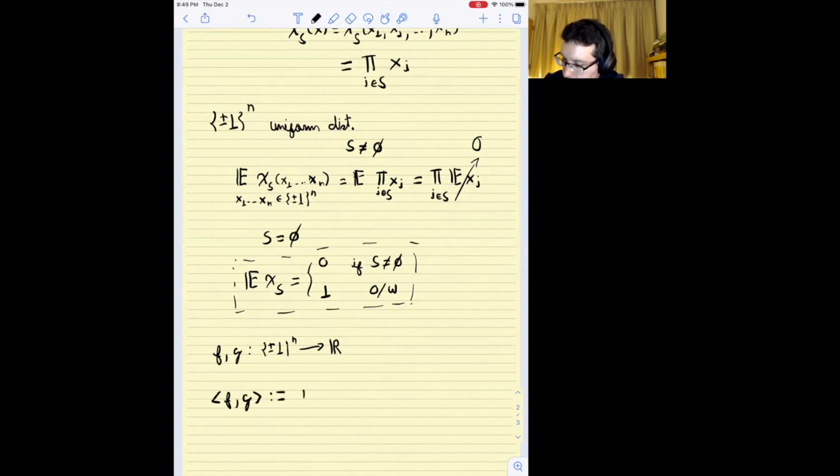So by definition, the expectation over x uniform in plus minus 1 to the n of f(x) g(x).